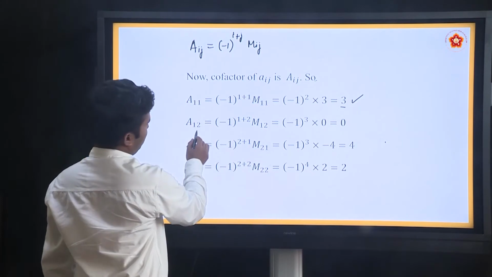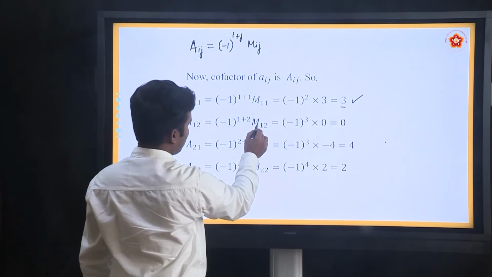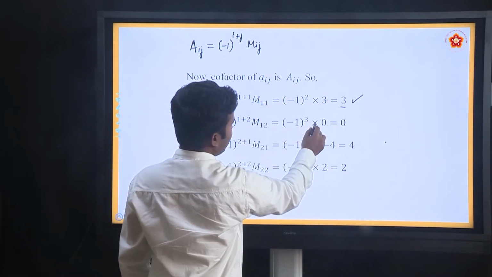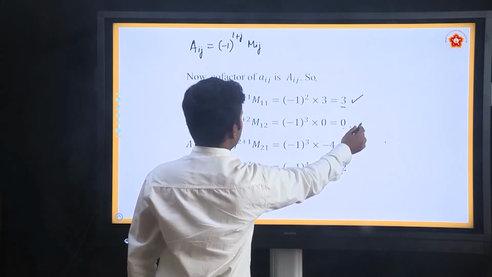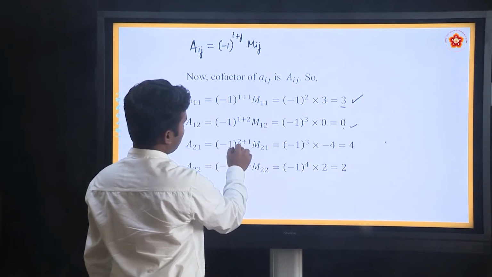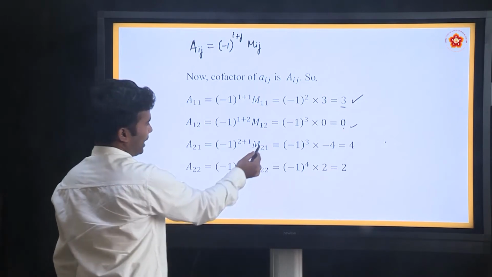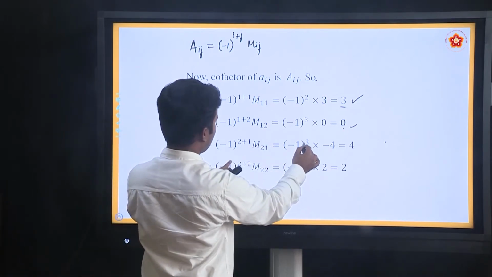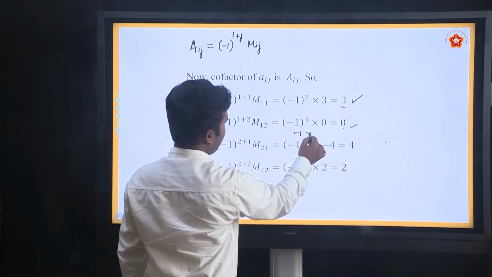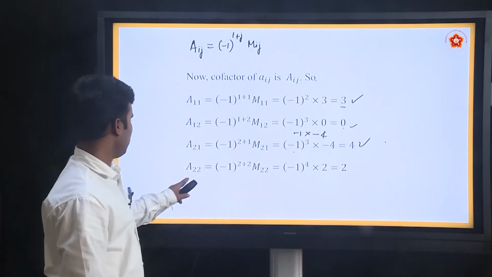Then A12, you just use this expression: minus 1 to the power 1 plus 2 into M12, minus 1 to the power 3 is minus 1 into 0 is 0. Okay. Similarly, A21: minus 1 to the power 2 plus 1 into M21, the corresponding minor. Which is minus 1 to the power 3, minus 1 into minus 4, which is plus 4. And A22, what is A22?